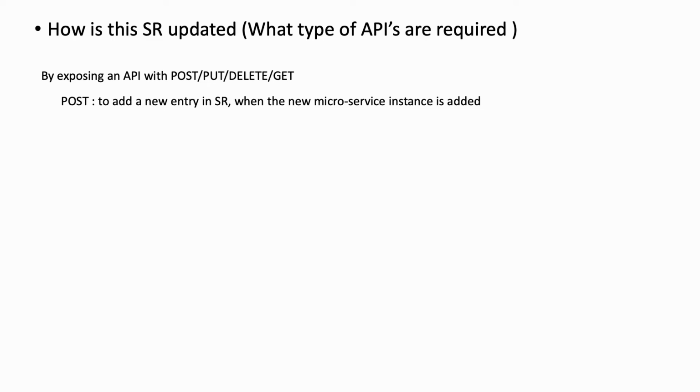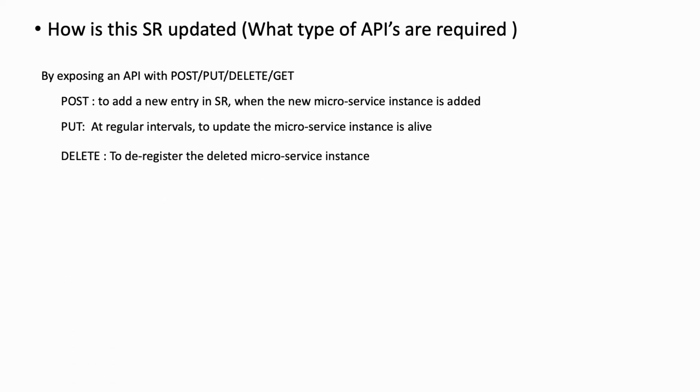This will be done by exposing a PUT API that will be sent to the service registry at regular intervals. That regular interval timing can be decided by the system. It can be 30 seconds or it can be 1 minute, depending upon the system.